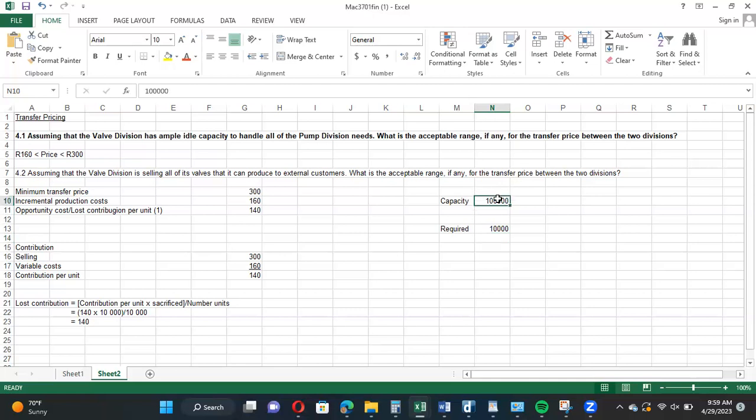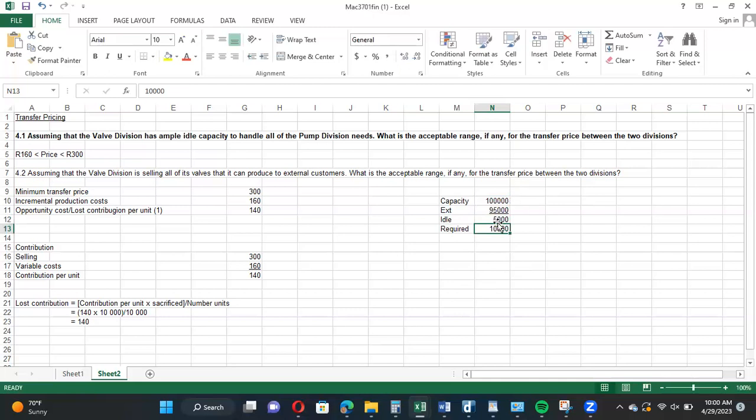But suppose the capacity is 100,000 and they are selling only 95,000 to external customers, which means they have an extra capacity that is idle: 100,000 minus 95,000, which is 5,000.